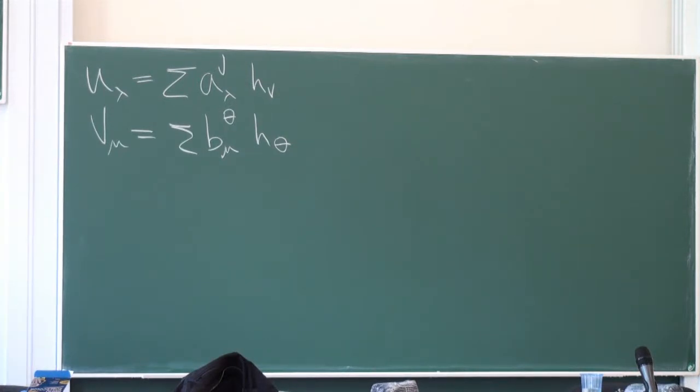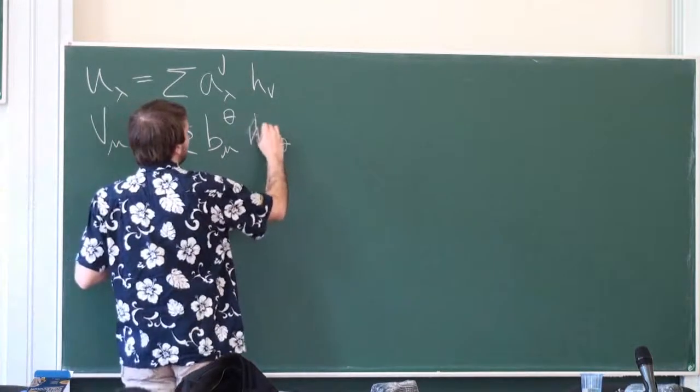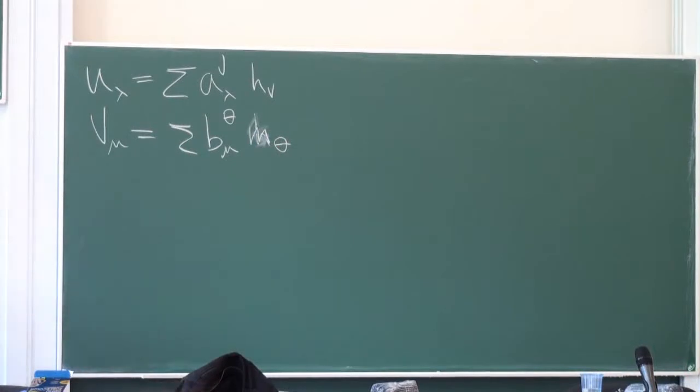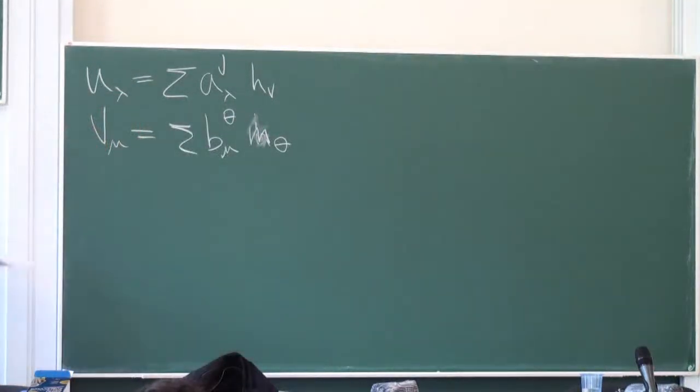Then the first condition is equivalent, just substituting here and using the fact that these are m_theta. The scalar product is defined by saying that the bases h_lambda and m_mu are orthogonal. This is the definition of the scalar product. So decompose the second basis into the basis of m functions.